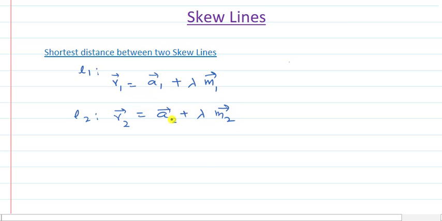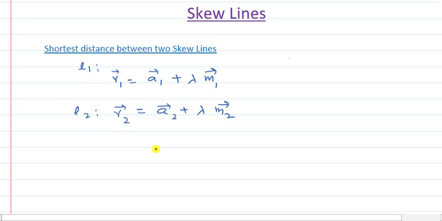A1, A2 are the passing points of the lines. M1, M2 are the direction ratios of the lines, or you can say vectors parallel to L1 and L2. Now there is a very simple formula to find the shortest distance between these two skew lines.